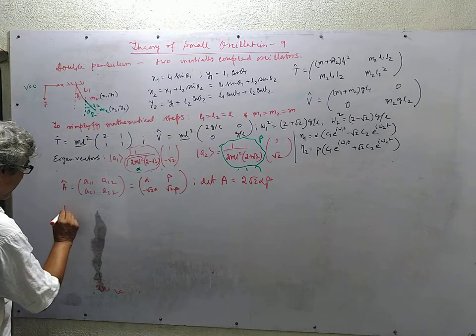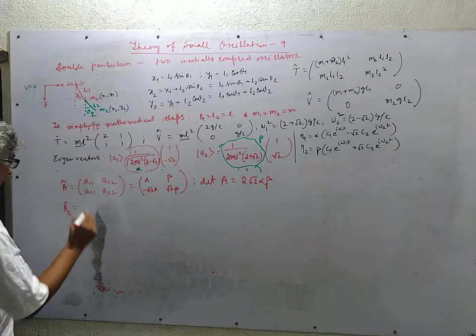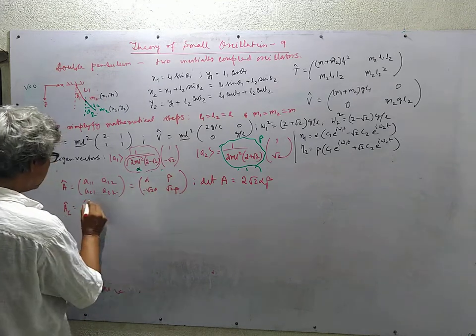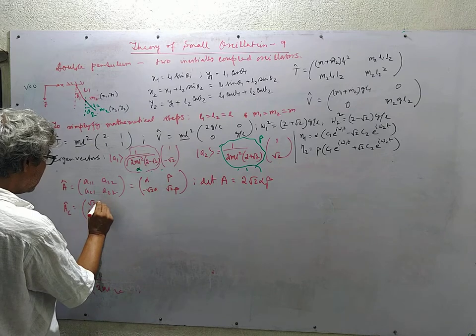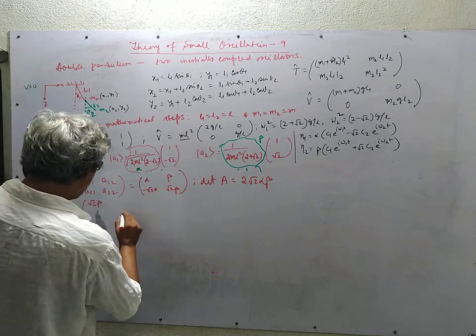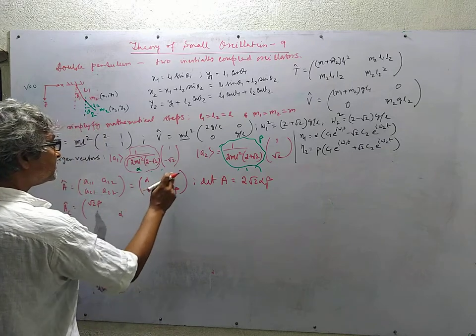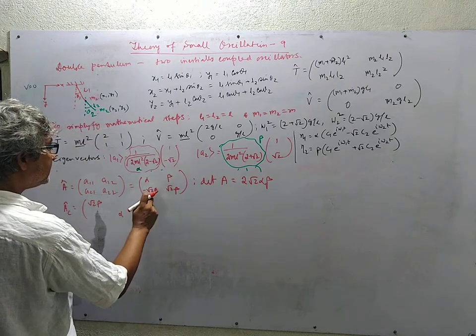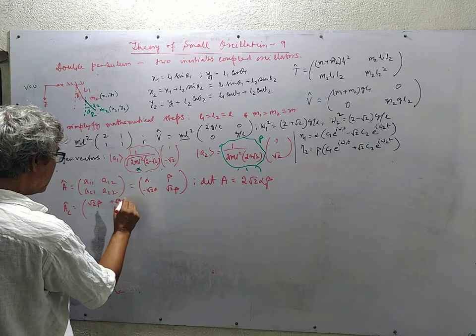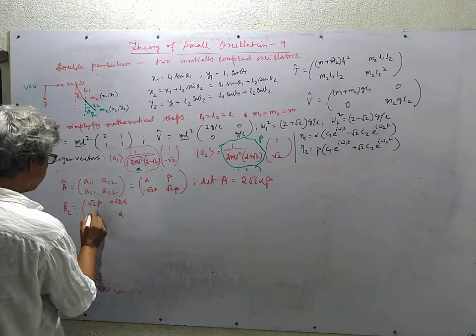Now the transpose matrix, the cofactor matrix is root 2 beta. For this element it is alpha, for this element it is root 2 alpha, and this is minus beta.